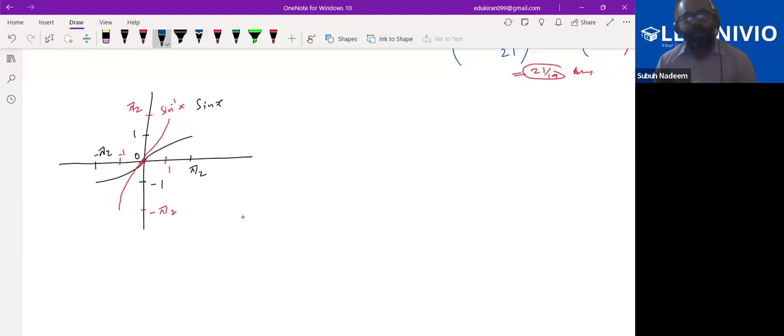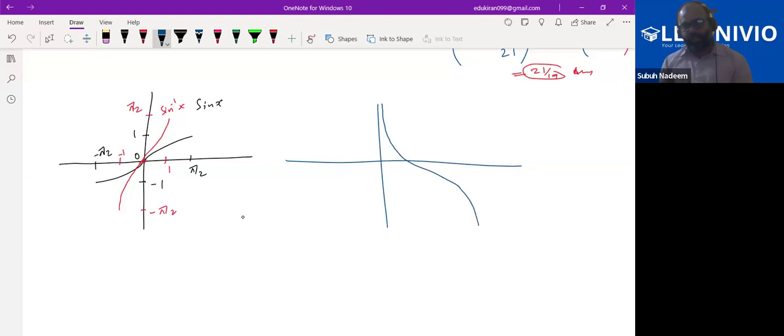Similarly, if you want to plot the graph of cot inverse of x, we know that the cot x graph is something like this. This is the cot x graph. This is 0, this is pi, this is pi by 2. And if you want to find the cot inverse x graph, it would be something like this.